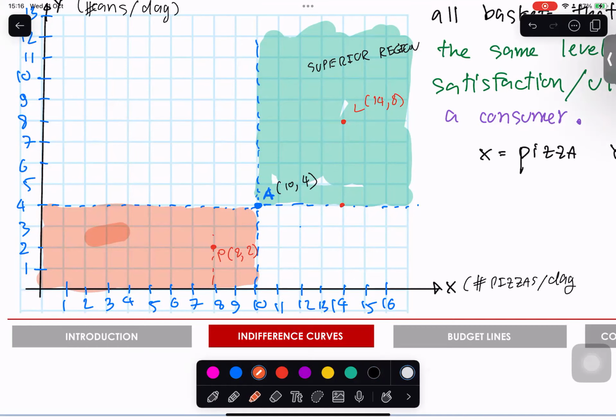Baskets along the edge, everywhere in the area along the edge, are inferior to A. So let's call this the inferior region.